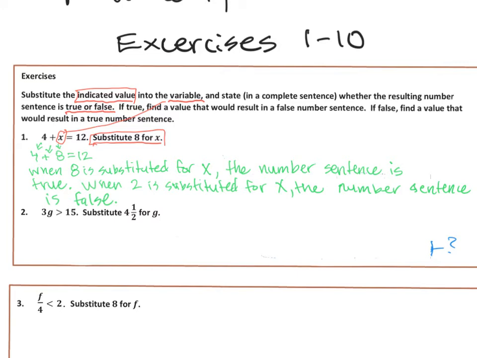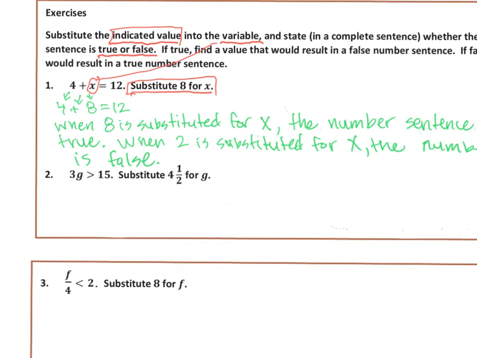So substitute 4.5 for g. So we know that 3g is the same as saying 3 times g. And so we want to know if 3g is greater than 15, if, and that's a big if, we substitute 4.5 for g.